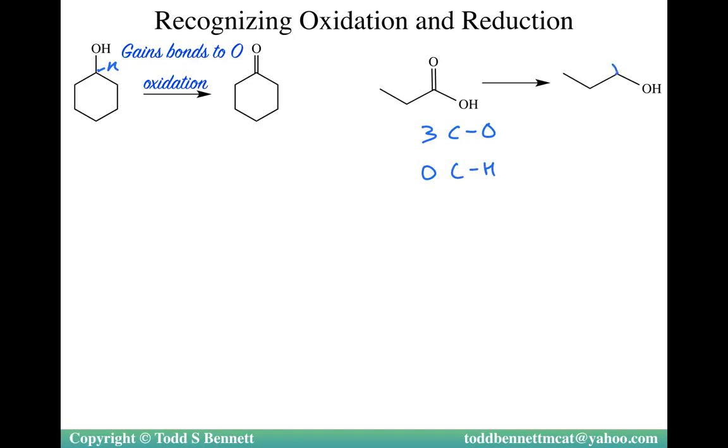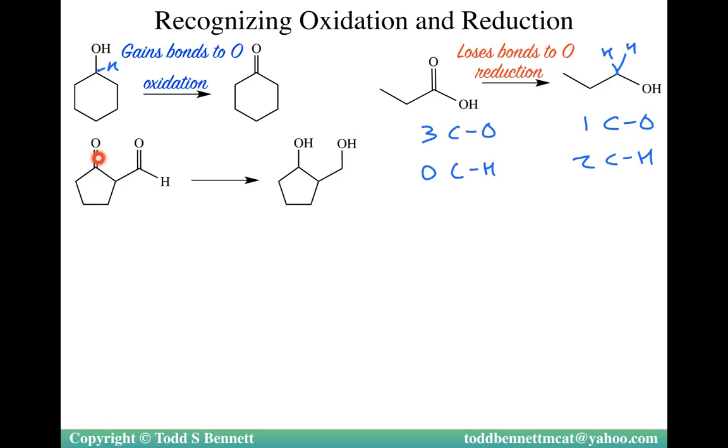In the end, I end up with 1, 2. So I have 1 CO bond and now 2 CH bonds. So this terminal carbon ends up losing 2 CO bonds, gaining 2 CH bonds. So 1, 2, 3, 4. It was reduced by 4 electrons. So loses bond to O, gains bond to H, reduction.